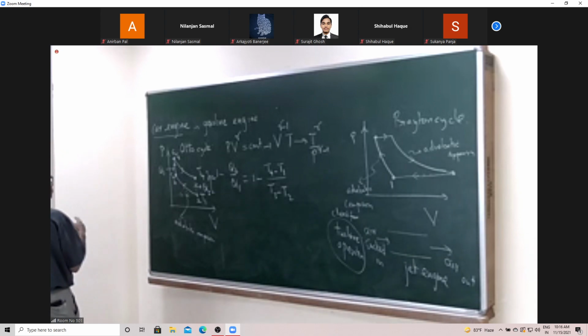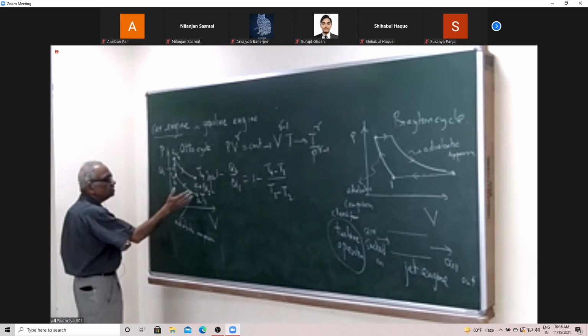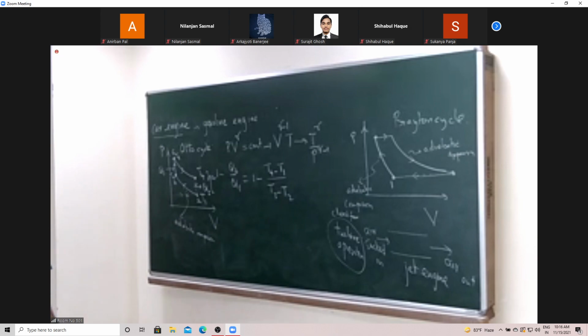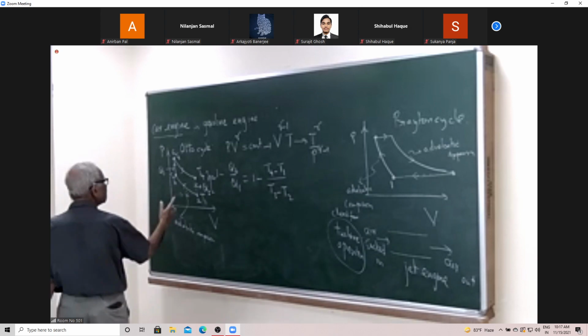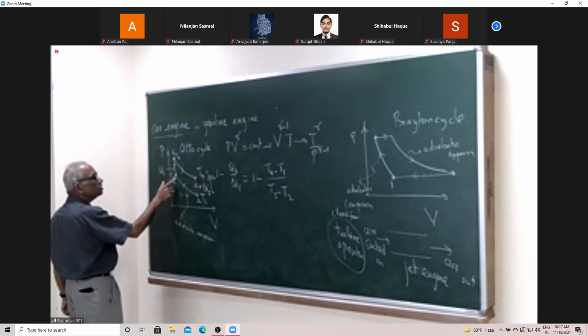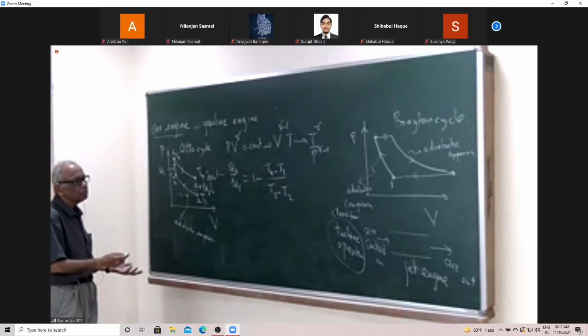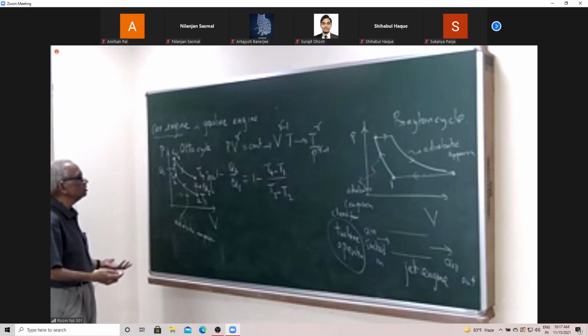The preference is to keep T1, because it is the ambient temperature, which is very easy. And if I keep T1, then the automatic choice for the other one is T2, because that is the result of the compression in the cycle. So you want the answer in terms of T1 and T2.